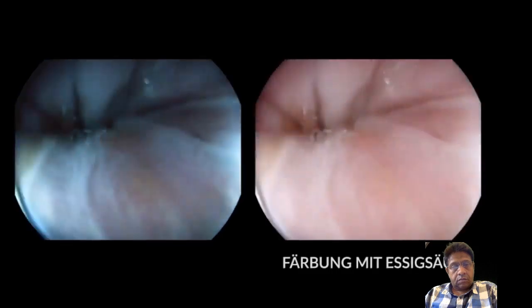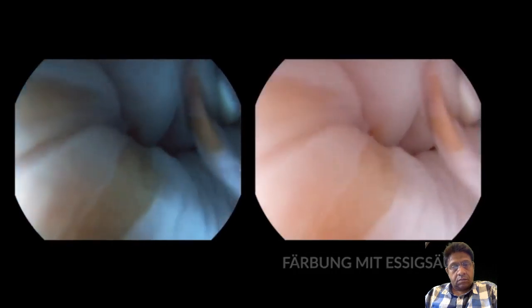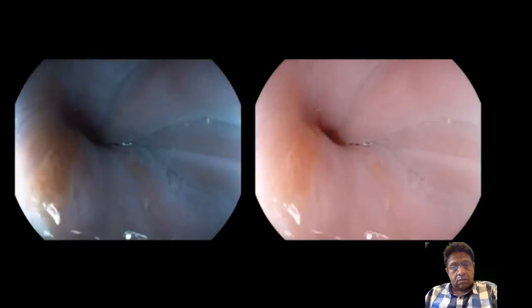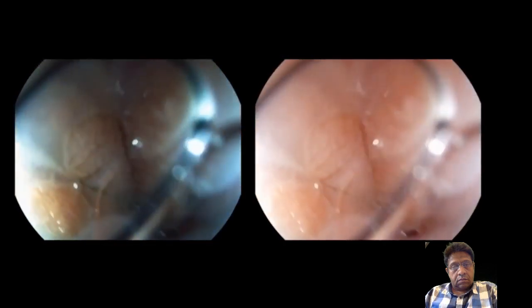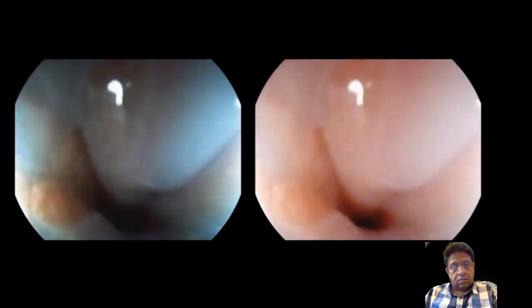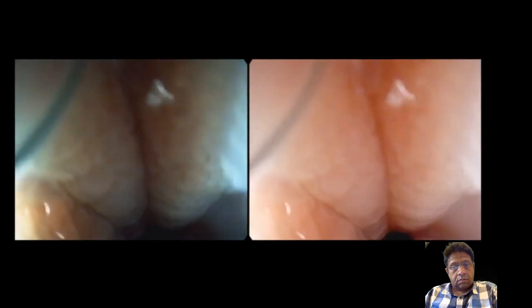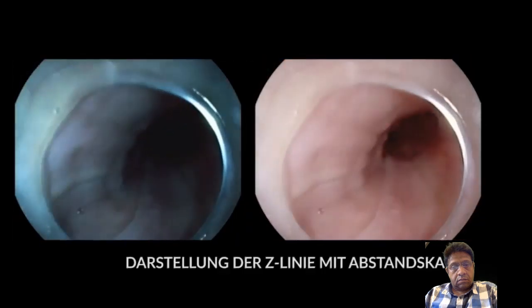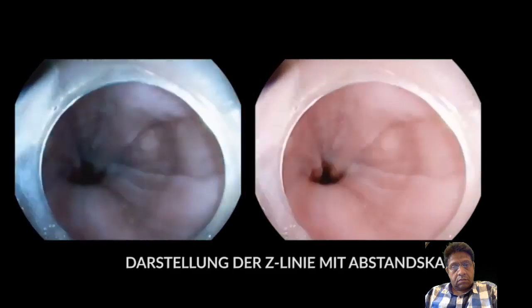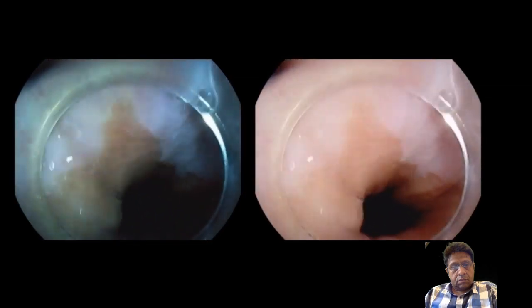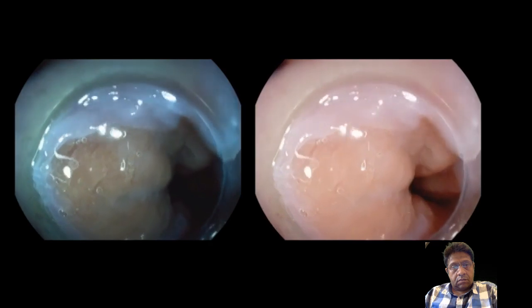1% acetic acid is used to demonstrate the surface structure. An attempt is made to visualize the surface structure of the Z-line despite motility. Using a distancing cap, the mucosa is spread apart to allow better visualization of the mucosal details in individual areas along the circumference.